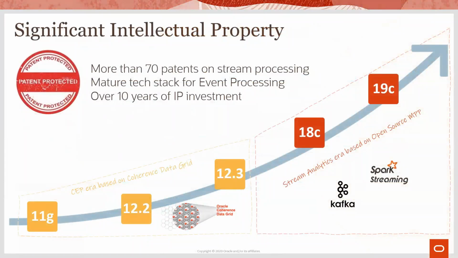The history of this stream processing technology actually goes back over 10 years. We've got 70 patents protecting the different detailed ways of doing query processing. Historically, a lot of the IP originated in the era of what we call event processing. And originally, this was built around more of a data grid or a Java data grid based framework. And what we did is approximately 3 to 4 years ago, we decided to refactor the technology so that this event processing engine can run natively inside of Apache frameworks like Apache Kafka and Apache Spark streaming.